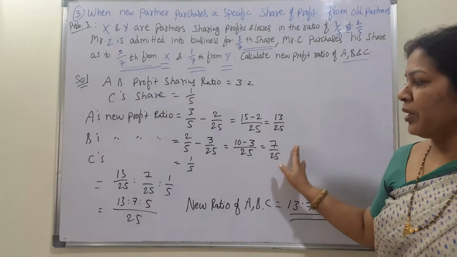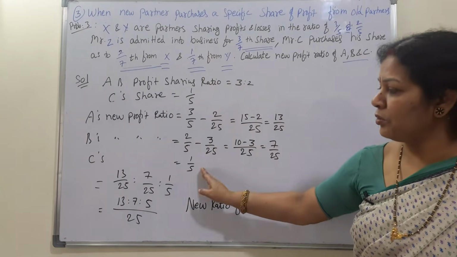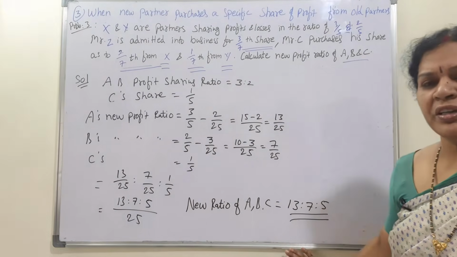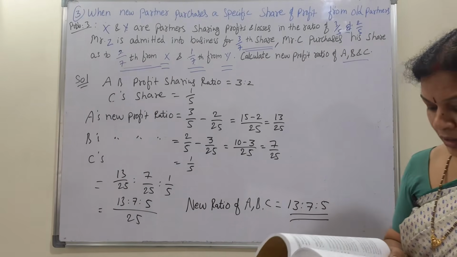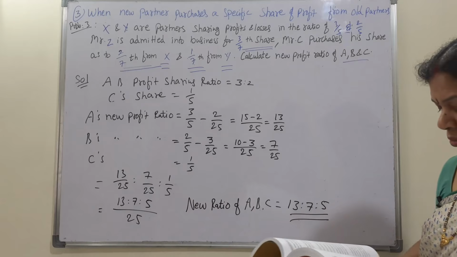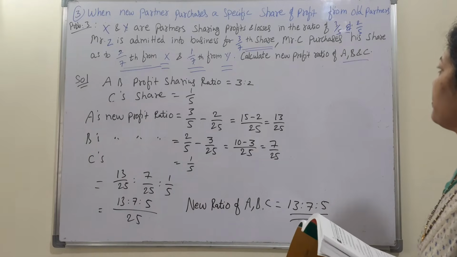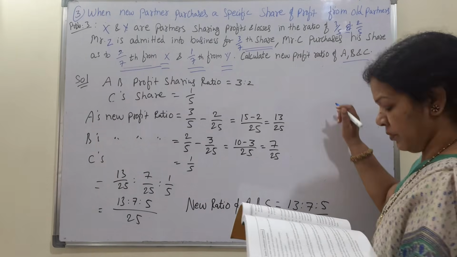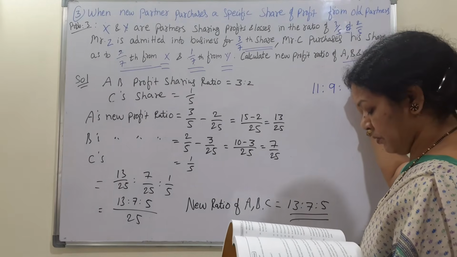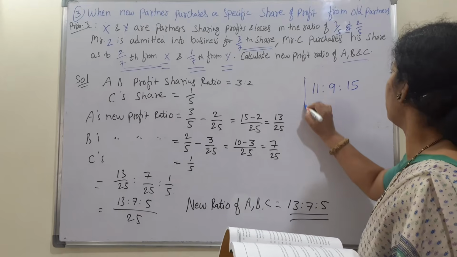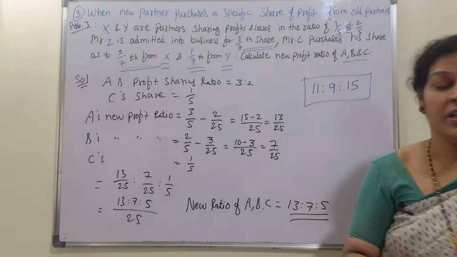So you will get the new ones, and Z's share you will write. If you take LCM, you will get the ratio. The answer is 11:9:15. So this is the answer.